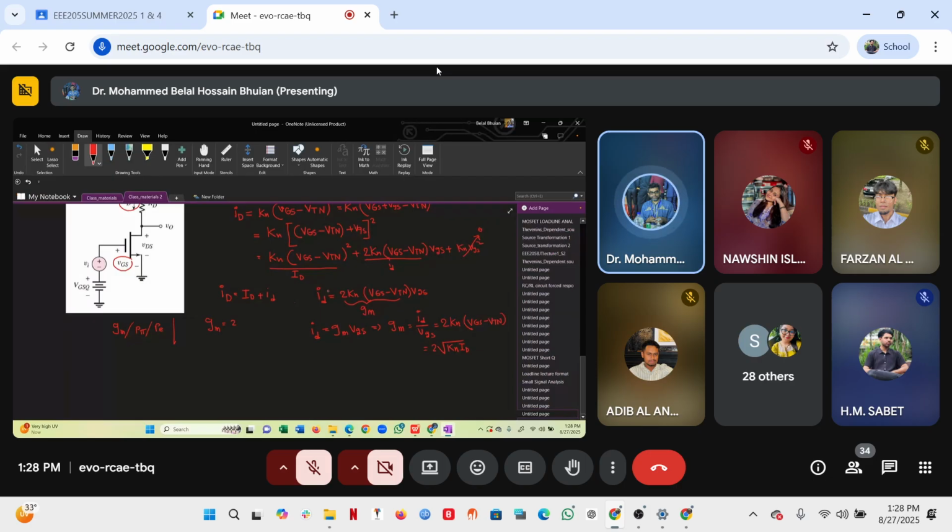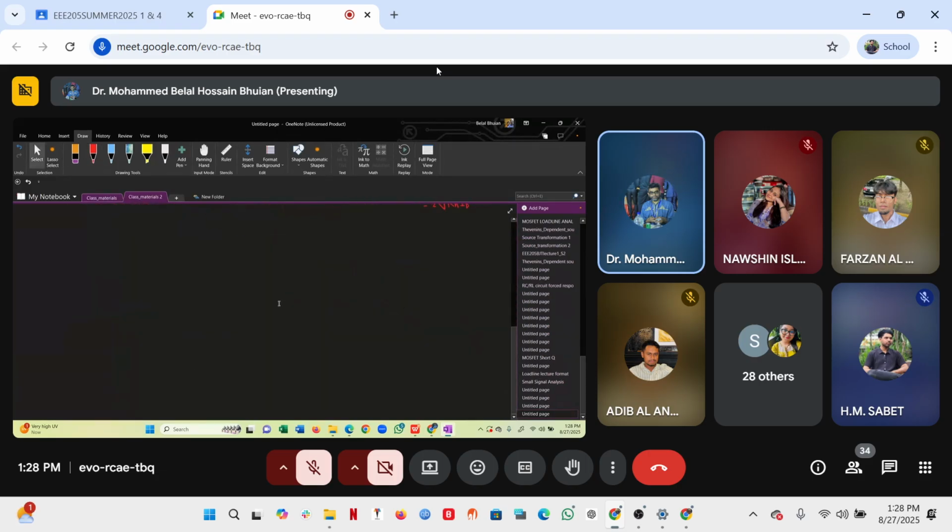Again, gm depends entirely on the large signal ID.